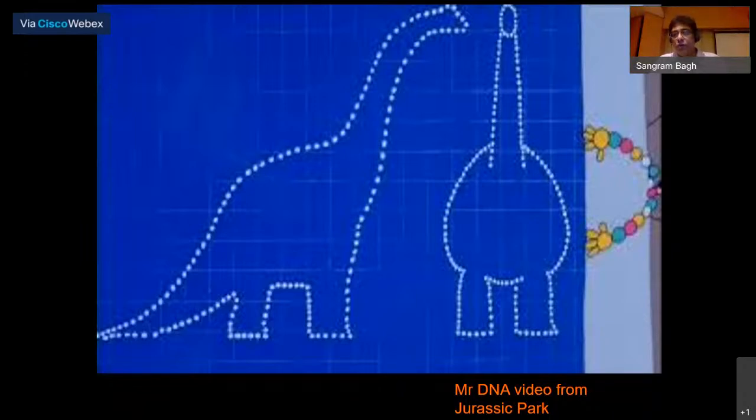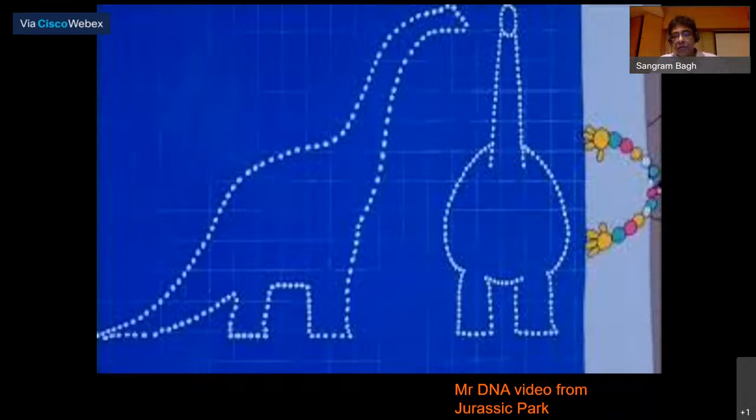Then they took an embryonic cell of a frog, took the frog's own DNA out of the nucleus, and poured this dinosaur's DNA into the frog's embryo, and that way they got the dinosaur. That is in a 1986 science fiction novel.